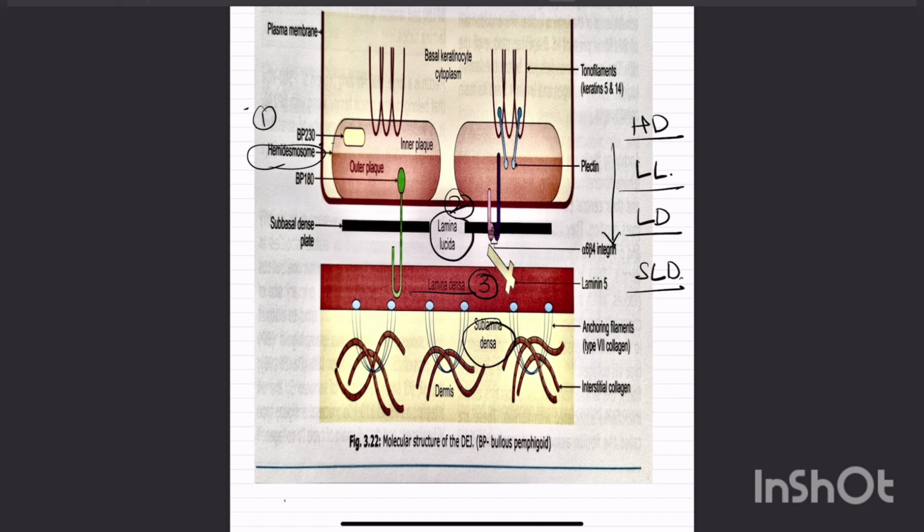So from top to bottom, what we have is tonofilaments composed of keratin 5 and 14. Then we have BP antigen 230, 180. Then laminin 5 in lamina densa, and anchoring filaments type 7 collagen in sublamina densa.